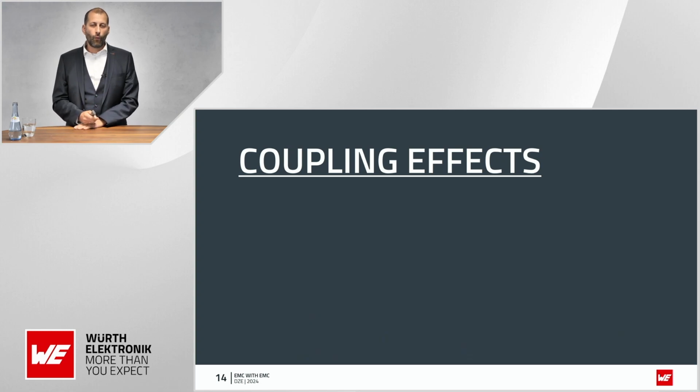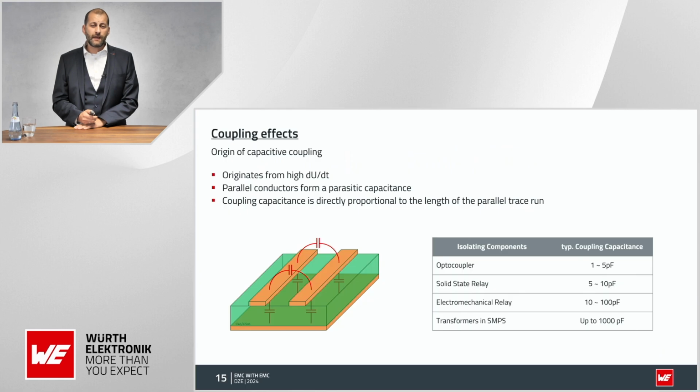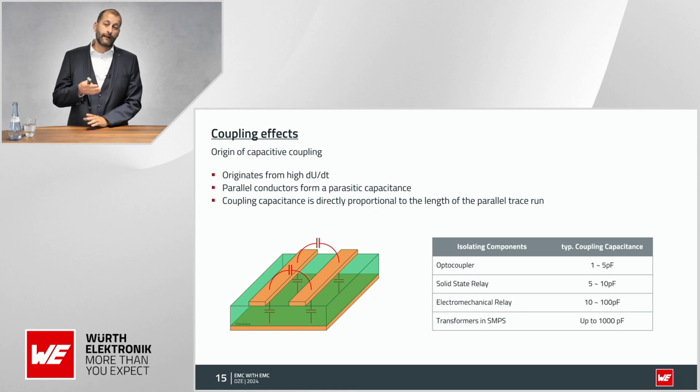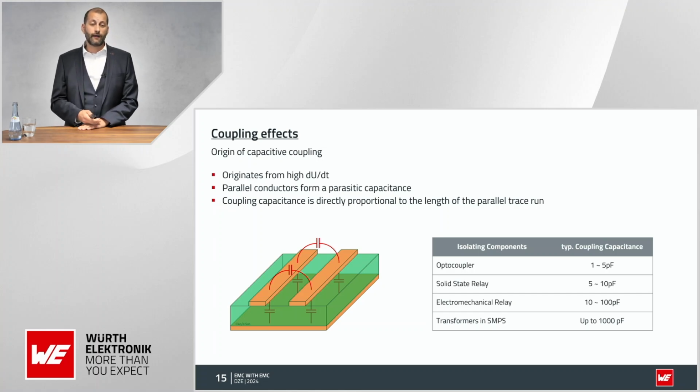So, what coupling effects do we have? Well, when we speak about coupling effects, first of all, we always have the electromagnetic wave. In the near field, one is more dominant, either the electric field or the magnetic field. And if the electric field is more dominant, then we speak about capacitive coupling.